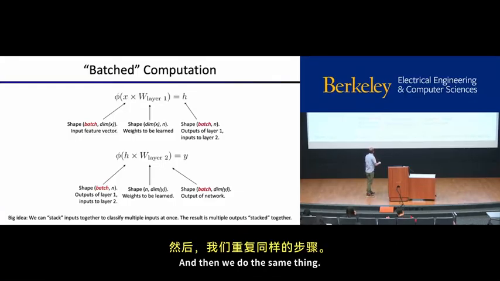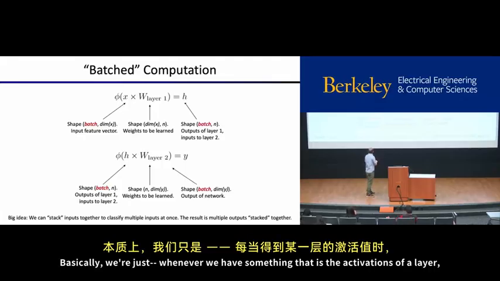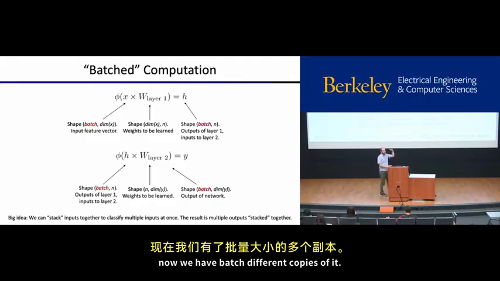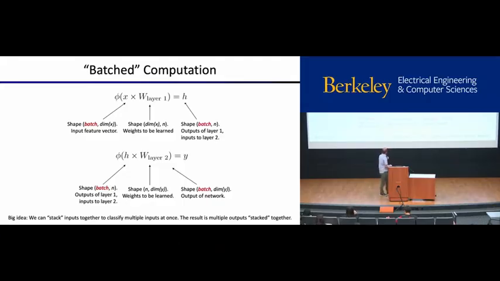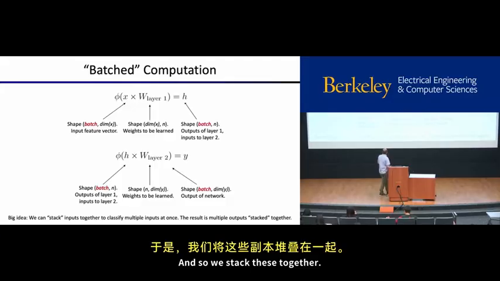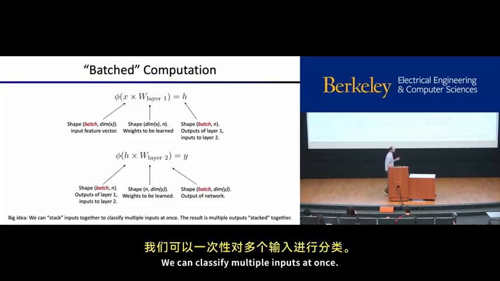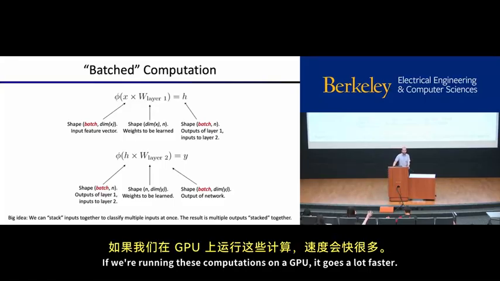And then we do the same thing. Whenever we have the activations of a layer, now we have batch different copies of it, and so we stack these together. We can classify multiple inputs at once. If we're running these computations on a GPU, it goes a lot faster.